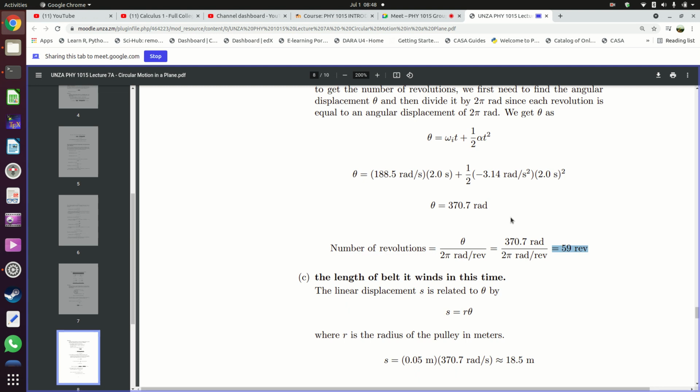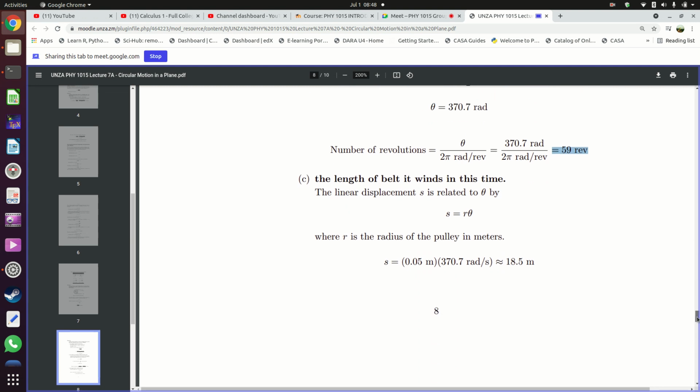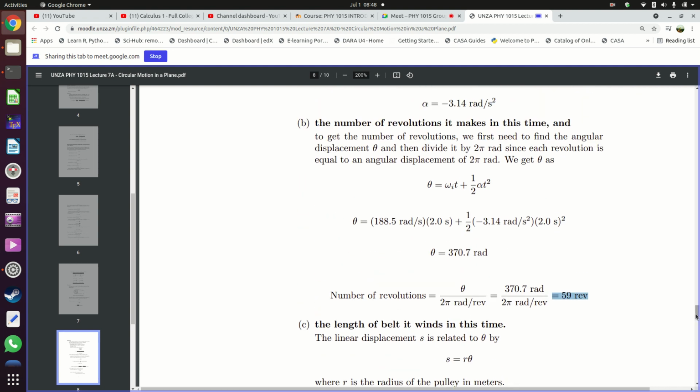So basically you get 50 revolutions. I need to make a correction to this as soon as possible before the next class during the evening. So basically that's how you find out how many times this thing turned during this time. It turned 50 times, 50 revolutions.